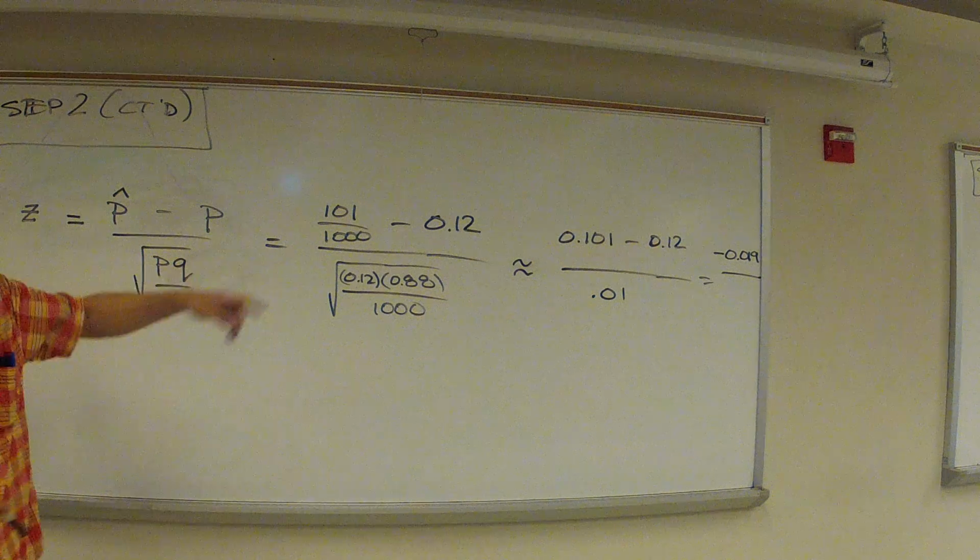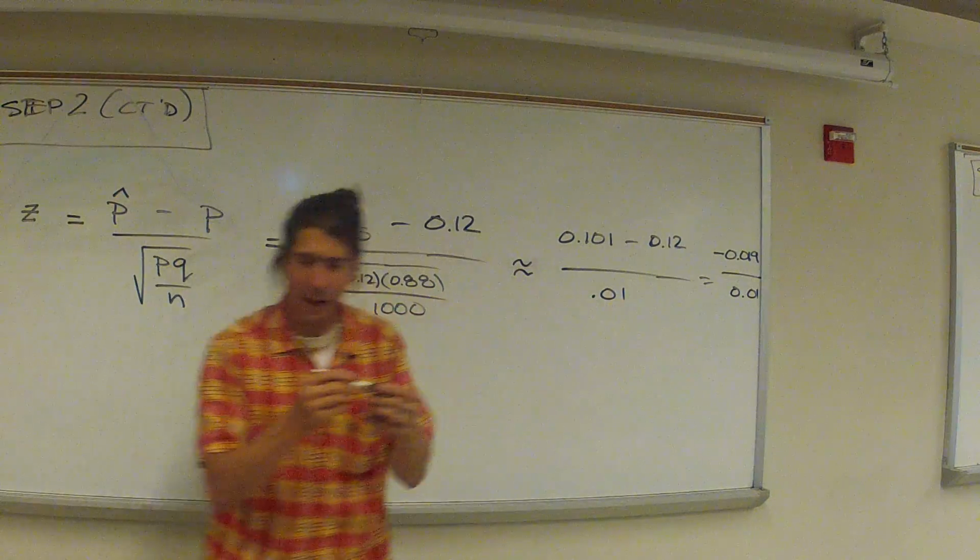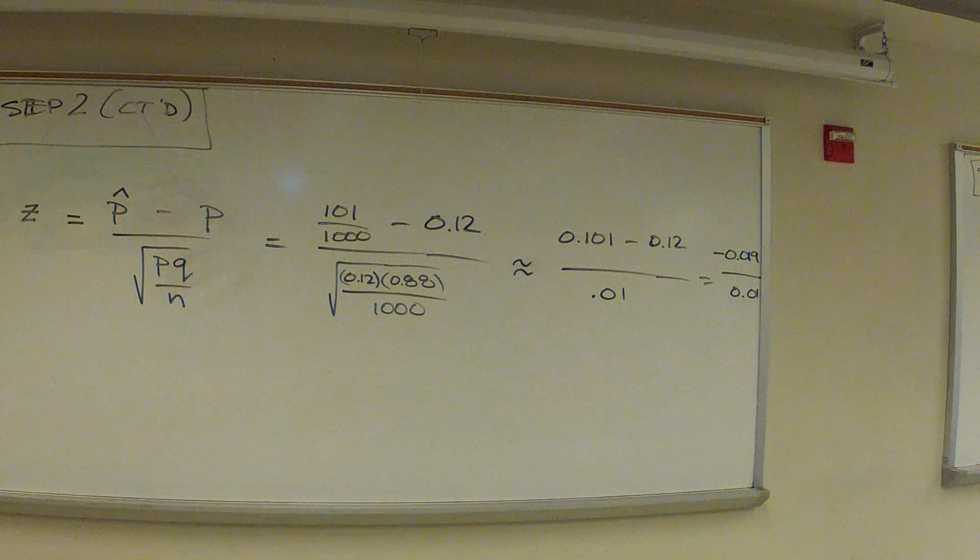Good. So essentially, what we have now is we have this right here. And let me get some precision going over here. I've got negative 0.019 divided by, let me just do this all at once here, square root of 0.12 times 0.88 divided by 1,000.